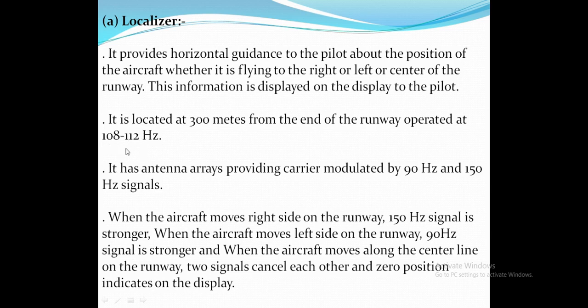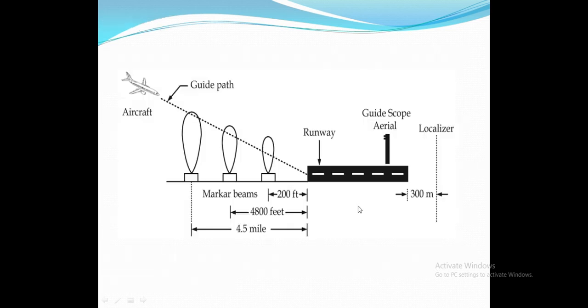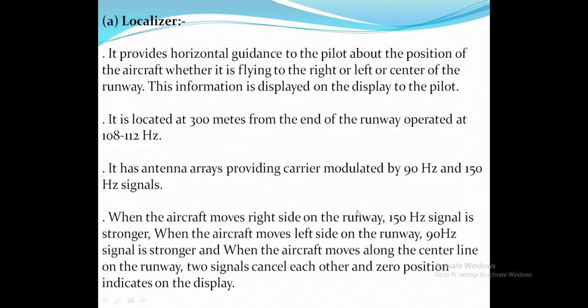It operates at 108 to 112 megahertz. It has antenna arrays providing a carrier modulated by 90 and 150 hertz signals. Whenever the aircraft moves to the right side of the runway, the 150 Hz signal is stronger.